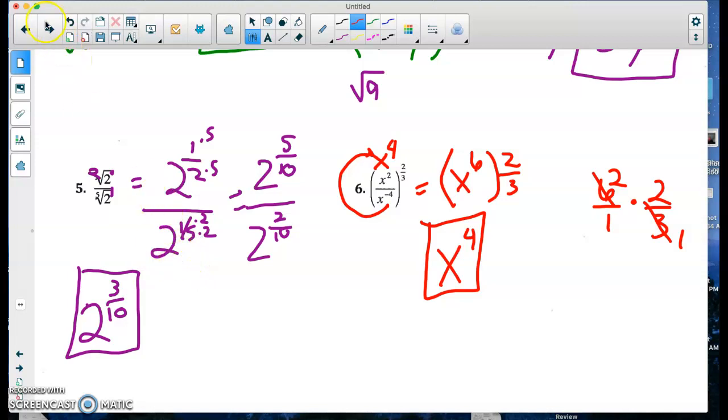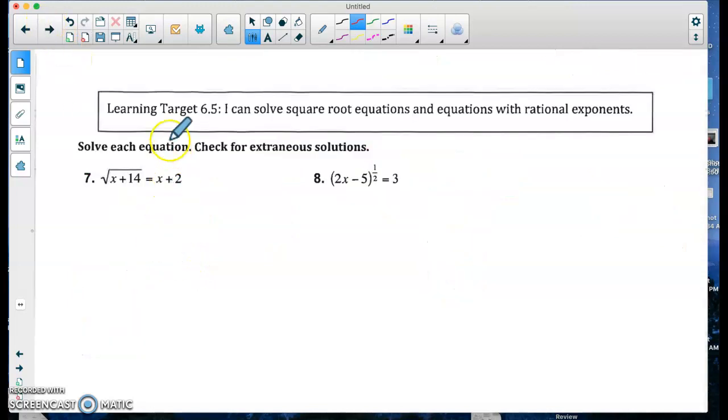All right, flipping the page. On our next page, we had our solving. Now, reminder, we need to check for extraneous solutions. You can certainly check in your calculator, but we definitely need to make sure we are checking every problem to make sure we're doing them correctly. This first one here, we need to notice we have a square root. The opposite of square rooting something is to square it, and if I square one side, I have to square the other.